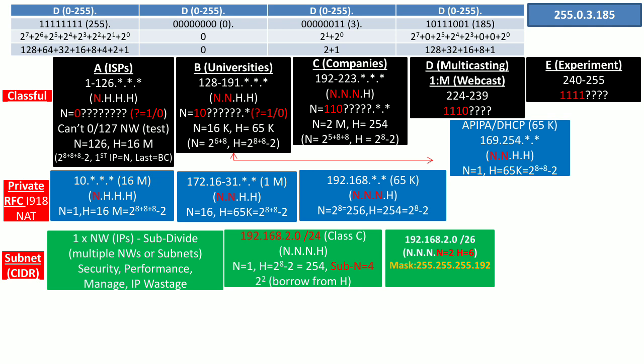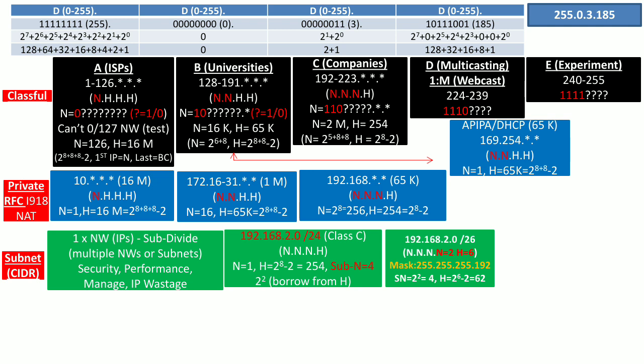Once these 2 bits are also 1, it would make a value of 192, and the remaining 6 bits which are part of the host portion would be 0. So we would create 4 subnets, and in each subnet the number of hosts would decrease to 62.